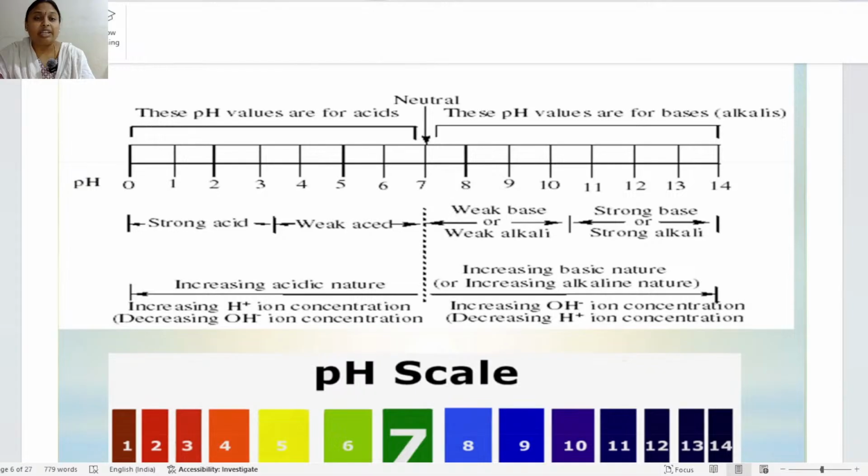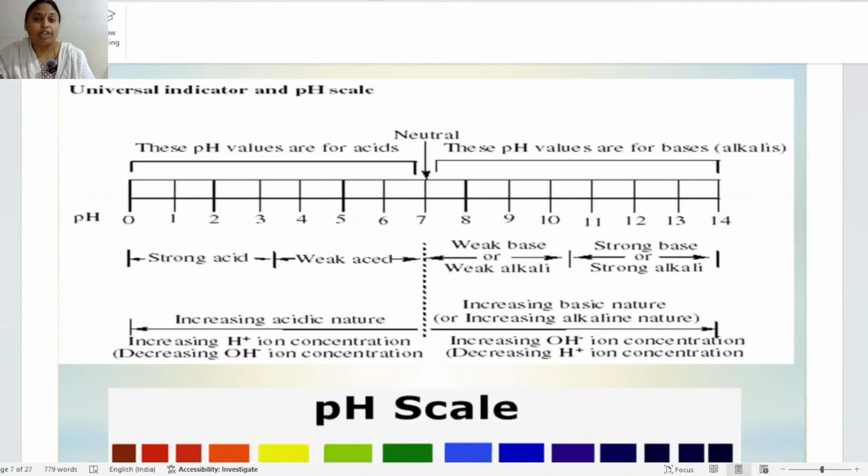Whenever we take the universal indicator and the pH scale, in both cases, the pH units 0 to 6.9 are called acids, and from 7.1 to 14 units we call them bases. So here, how will it be distinguished?